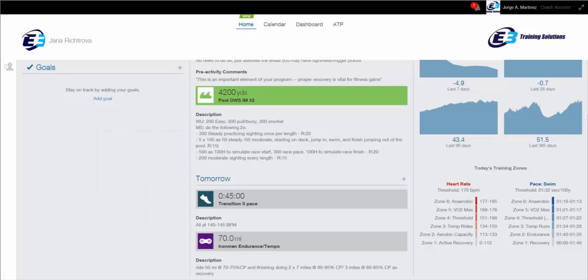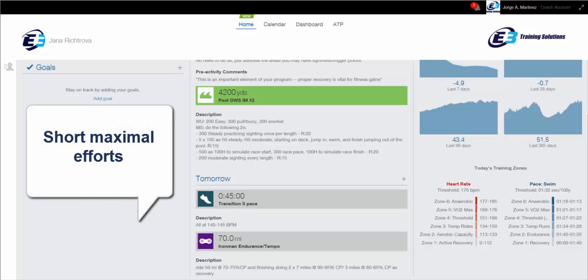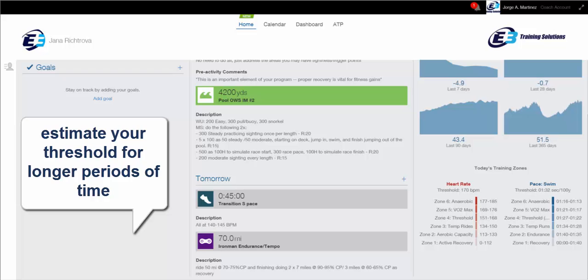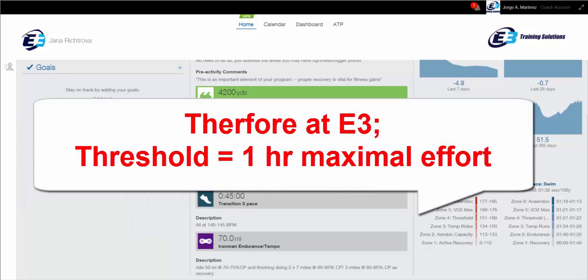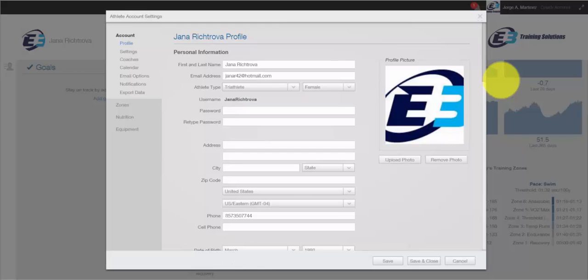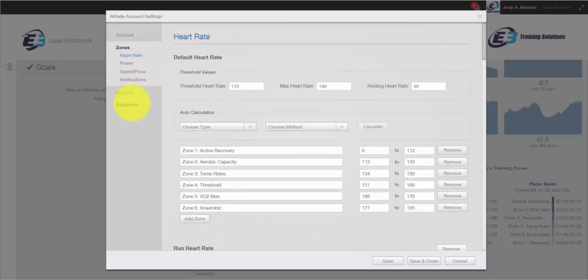The way that we define thresholds at E3 is we take some efforts, whether they're short efforts or time trials, and based on that we extrapolate what you should be able to accomplish for a given time. In this case it is 1 hour. So all your thresholds are based on what you should be able to do given your current fitness for an hour maximal effort.